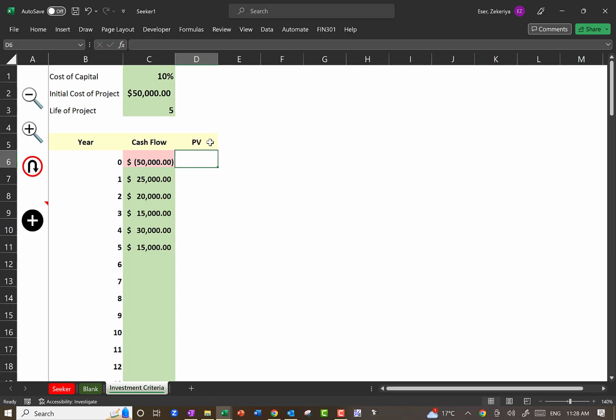PV, just to make sure that I'm controlling for the life of the project. If the year is greater than life of the project, 0, otherwise take the cash flow divided by 1 plus cost of capital.